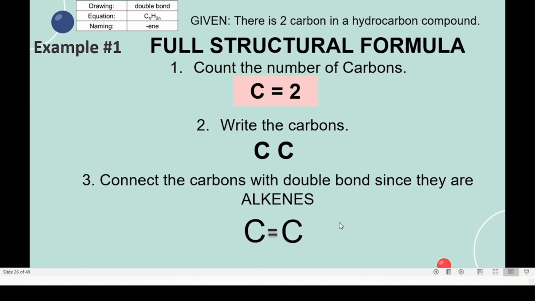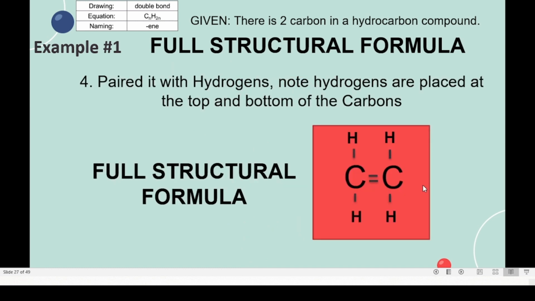Okay, double bond. So the fourth step is to pair it with hydrogens. Note, hydrogens are placed at the top and bottom of the carbons. So in alkanes, the last carbon and the first carbon will contain 3 hydrogens.